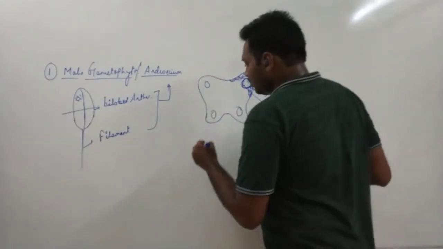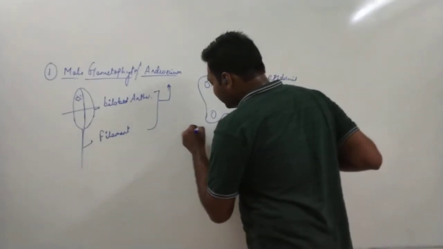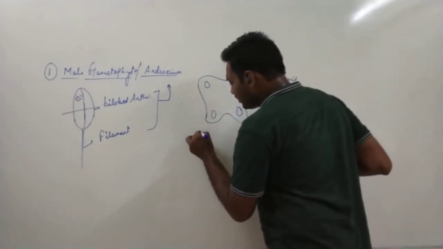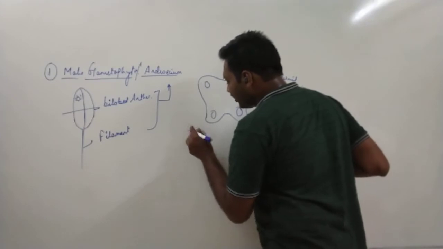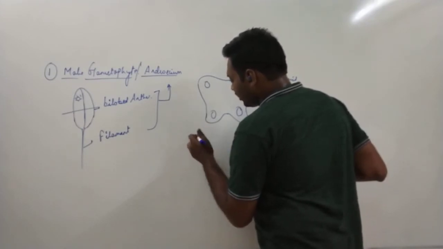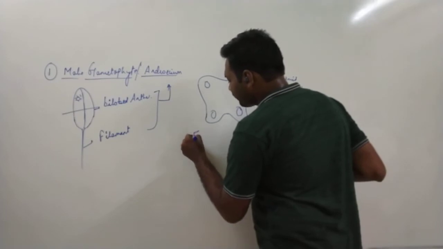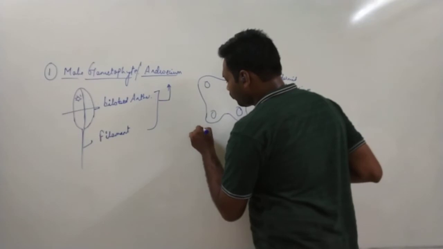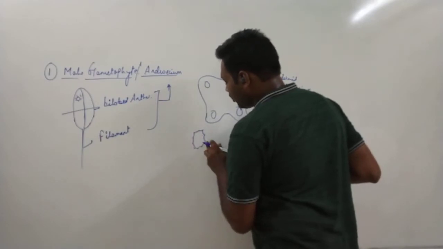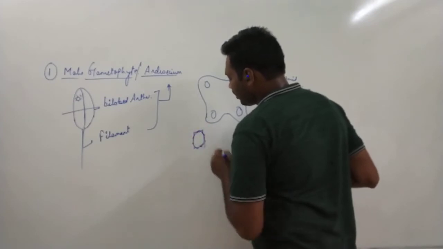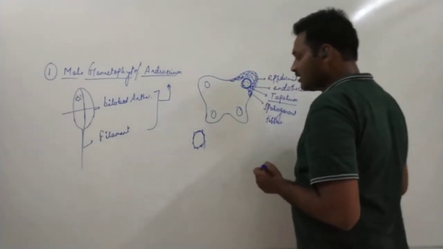After maturation it will consist of two layers: the outer is spiny and the inner is smooth.